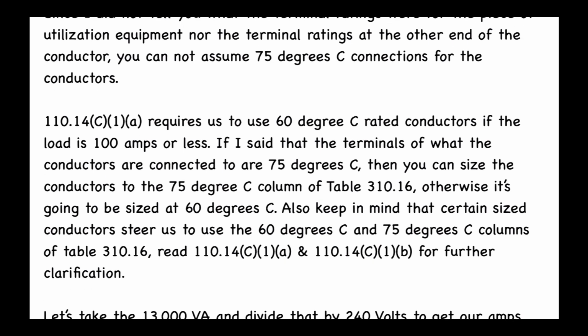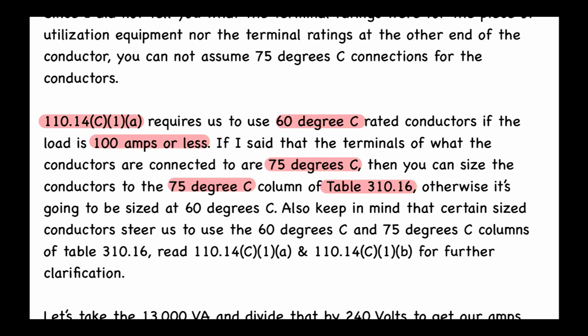110.14(C)(1)(a), and I'm going to highlight that here. It's very important that you understand this. So again, 110.14(C)(1)(a) requires us to use 60 degrees C rated conductors if the load is 100 amps or less. If I said that the terminals of what the conductors are connected to are 75 degrees C, then you can size the conductors to the 75 degree C column of Table 310.16.